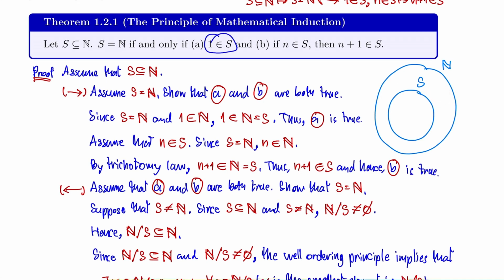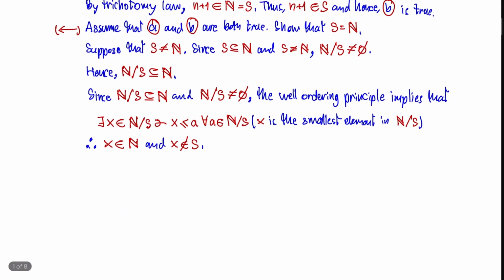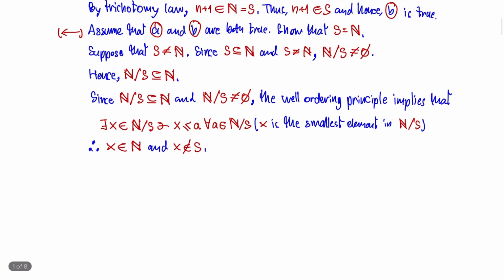If an element is in set S and we exclude S, that element disappears with S. In this case, x is in the set of natural numbers but is not in set S. Okay, so what can we do next? x is in the set of natural numbers. My question is, can we find an element that is less than x? Can we do that?